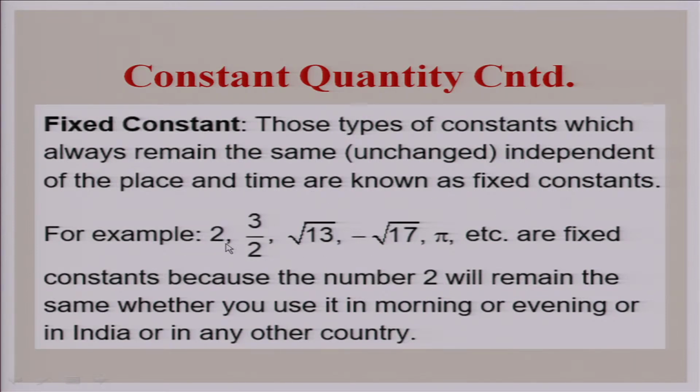For example, 2. If you use 2 in the morning or in the evening, or if you use 2 in India or some other country, 2 will remain 2. Or 3 by 2, root 13, minus root 17, pi, etc. are all fixed numbers. They will not change their value. If a class 2 student uses 2 or a PhD student uses 2, in both cases 2 will remain the same thing.